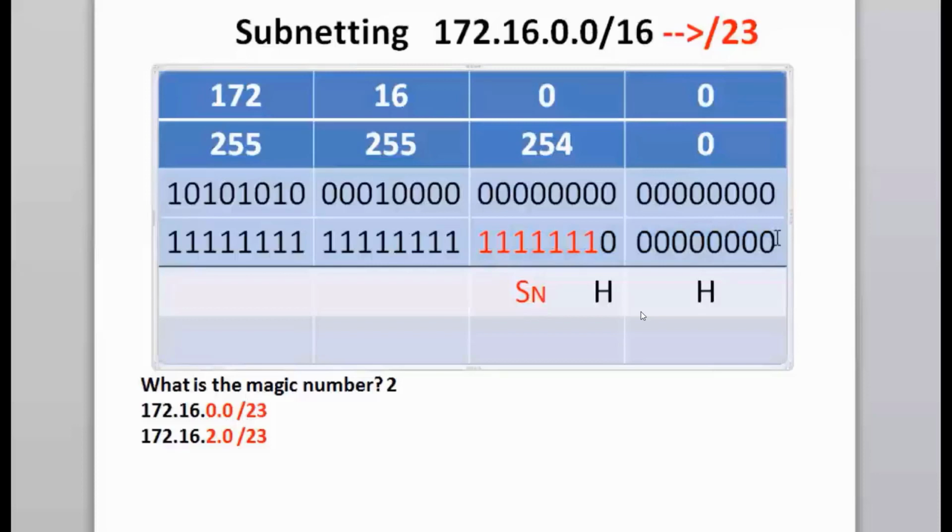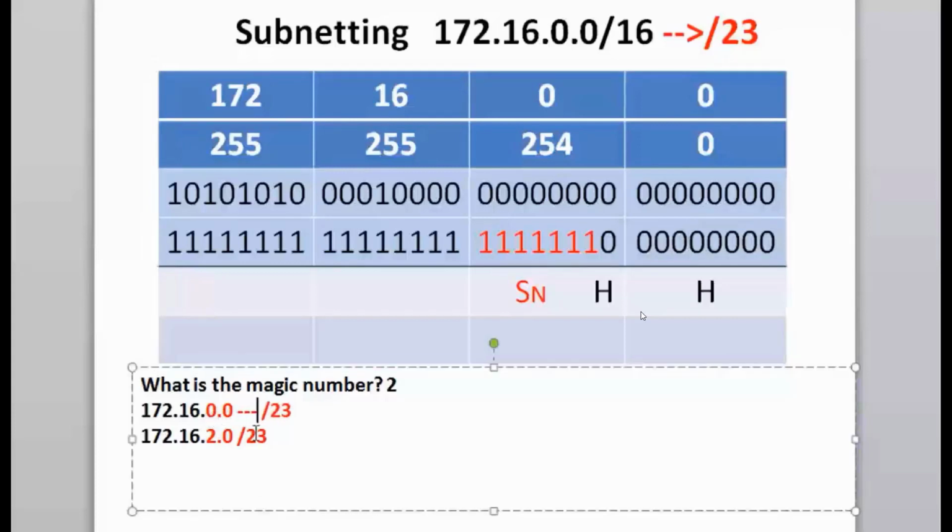The only difference is now, instead of 16 host bits like we would have had in a /16 network, we now have 9 host bits, so 2 to the 9th power, meaning we have 512 minus 2, which is 510 host addresses that we can assign. In other words, the network goes from 0.0 all the way up to 172.16.1.255.